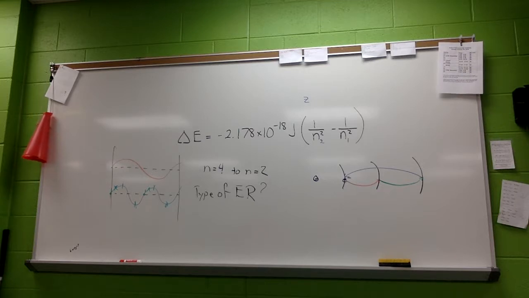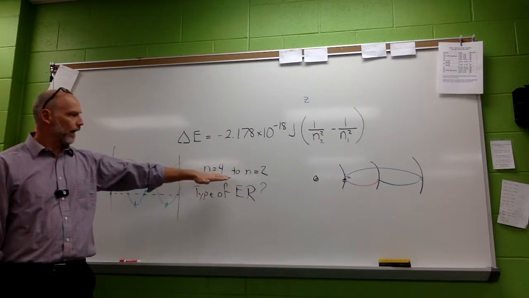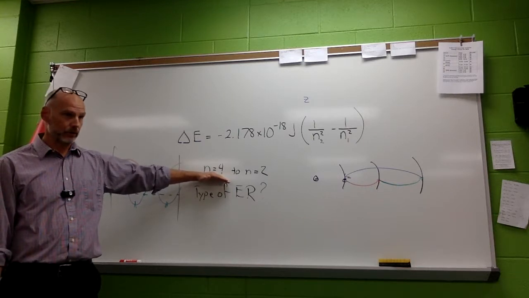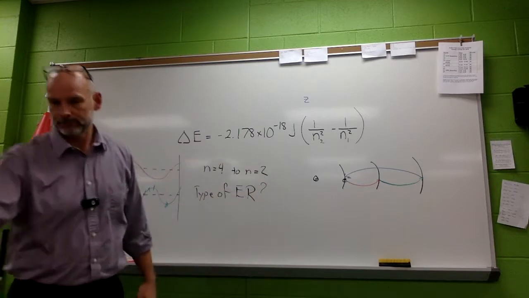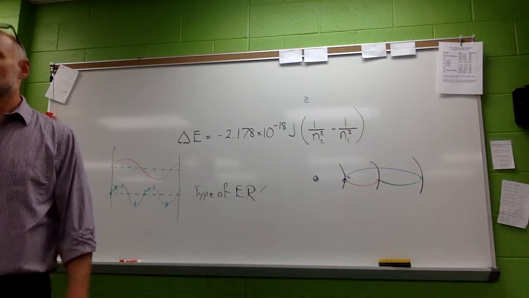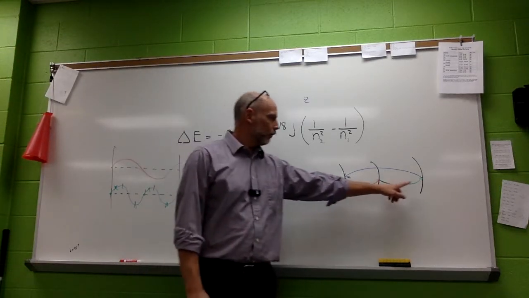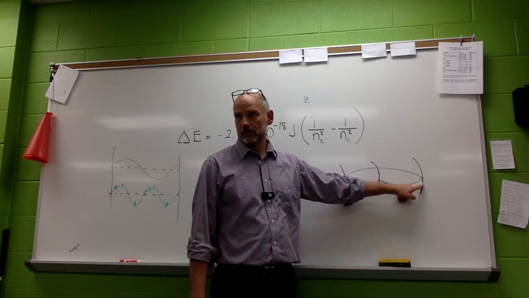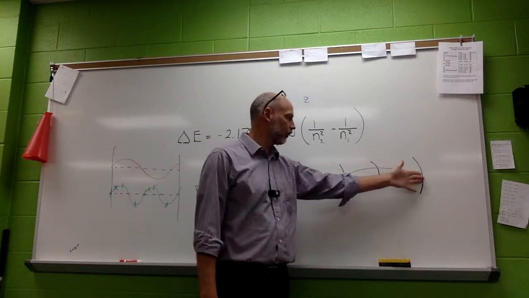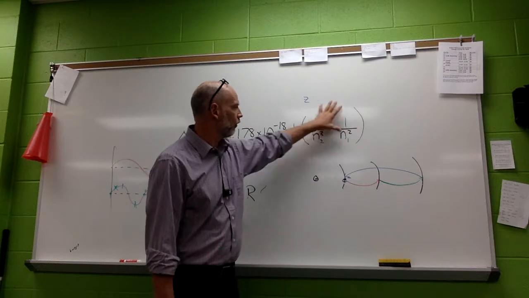Everyone got it? So, just for fun, what I would like you to do, let's imagine an electron that has gone from the 4th energy level. Before we do that, if an electron is moved from the 1st energy level to the 3rd energy level, what is this value?